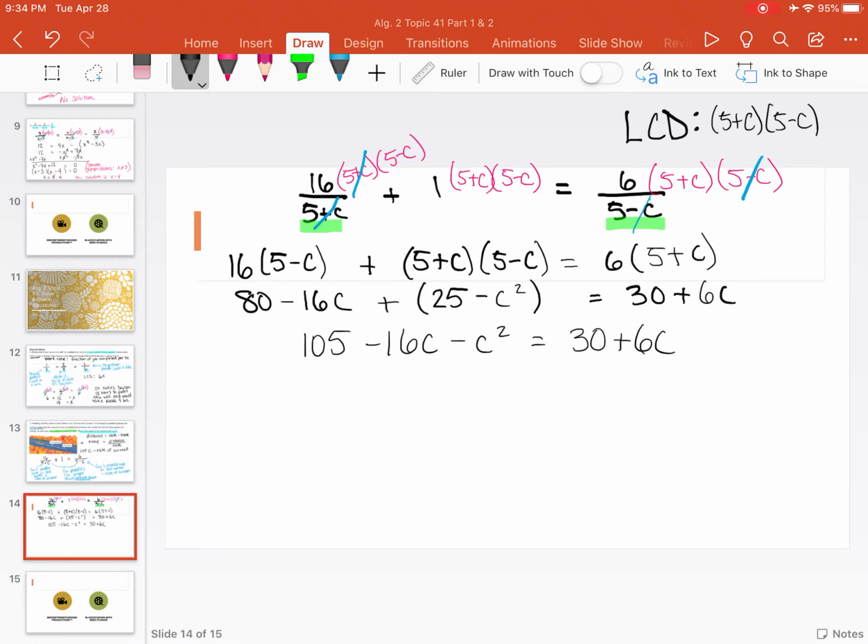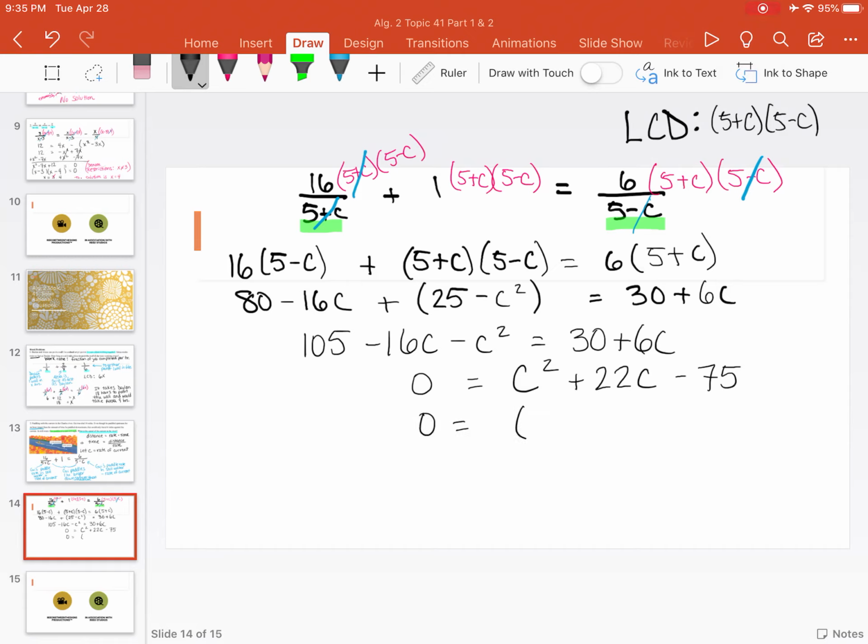I'm going to bring over all of my terms on the left-hand side so I can set my equation equal to 0 so I can ultimately factor and solve for c. So I'll get c squared plus 22c minus 75. If I factor that, I need two numbers that multiply together to get negative 75, but add to get positive 22.